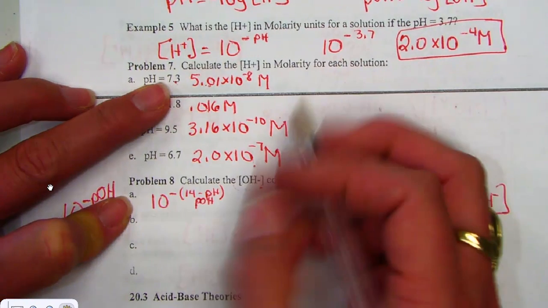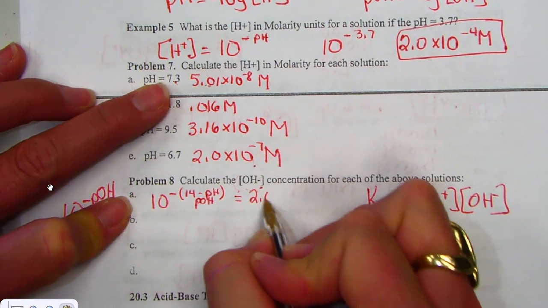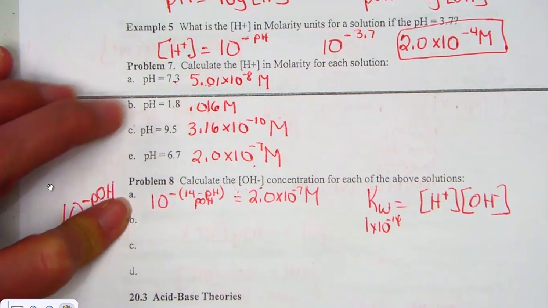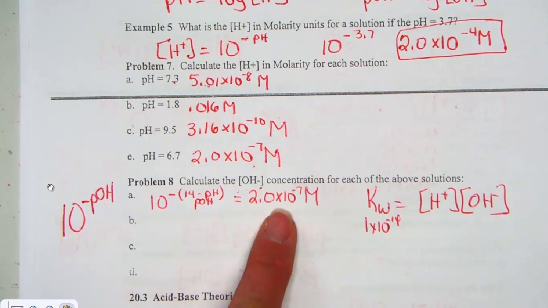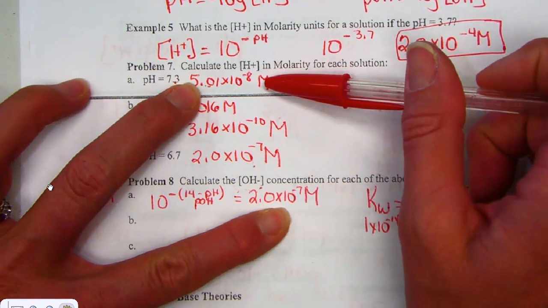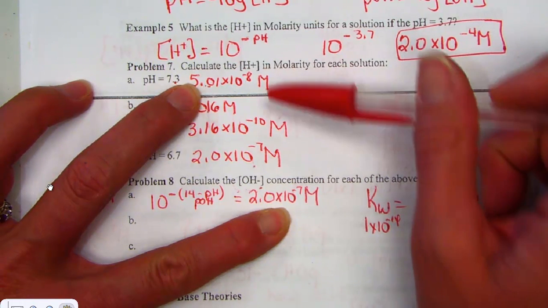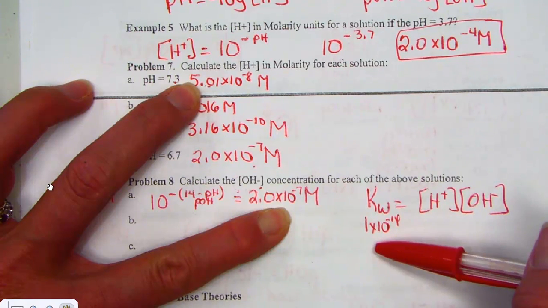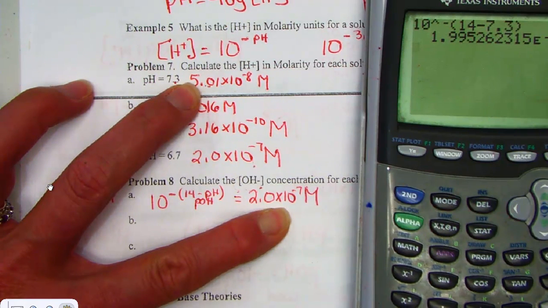So in letter A, 2.0 times 10 to the negative 7th molar units, the concentration of hydroxide. And I bet if we were to multiply these together, the concentration of H plus and the concentration of OH minus, we're going to get the Kw constant, 1 times 10 to the negative 14th.